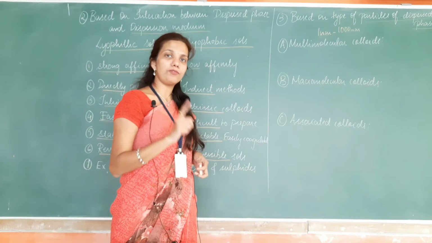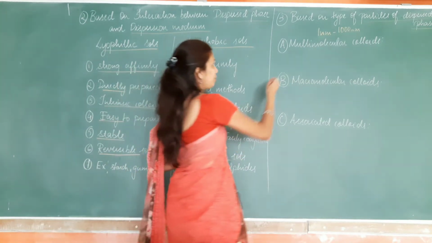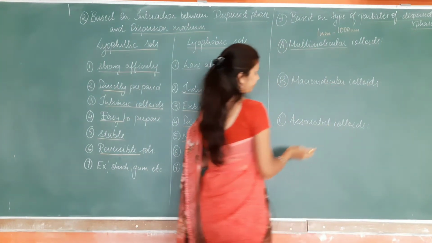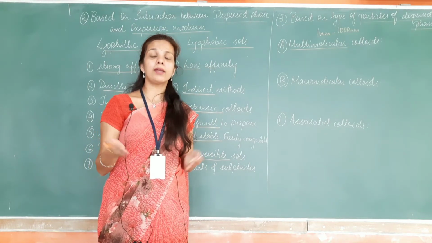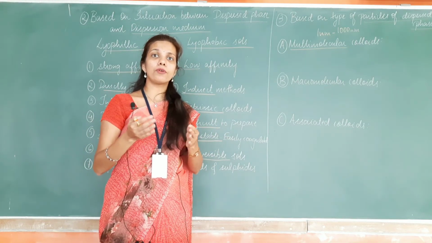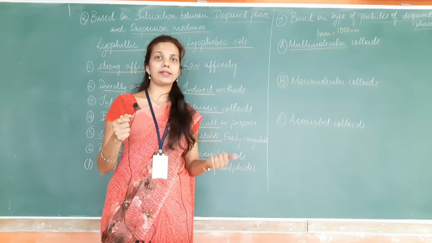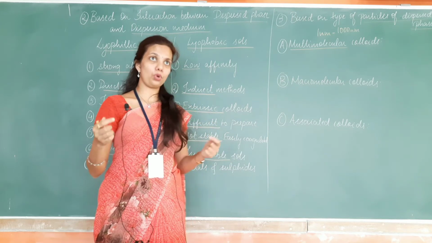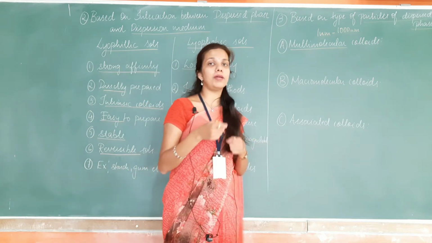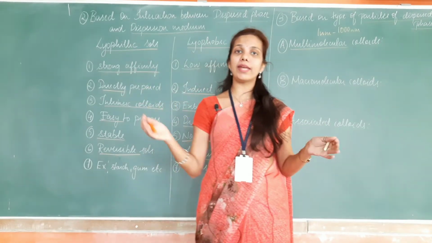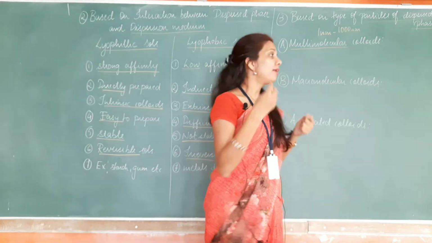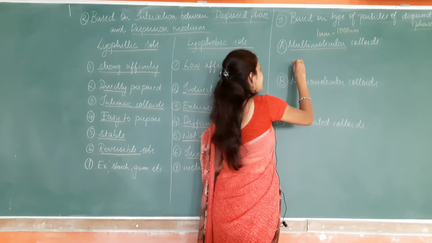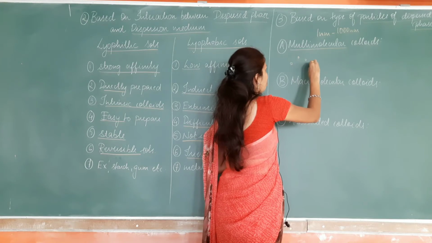In this we have the first one, that is the multimolecular colloids. Multimolecular colloids are formed by aggregation of various small atoms or molecules. So when many atoms or many small molecules come together, they form a multimolecular colloid. For example, I have these particular atoms or molecules.